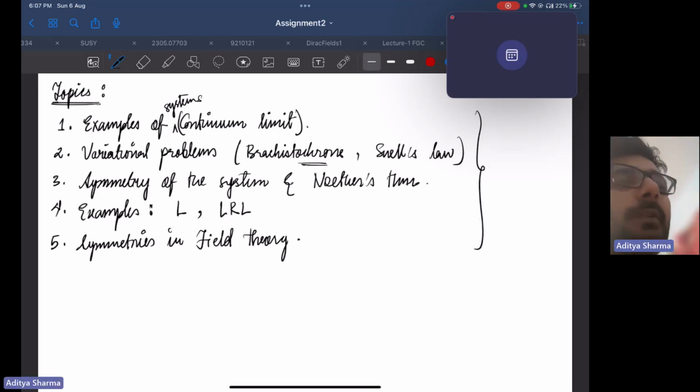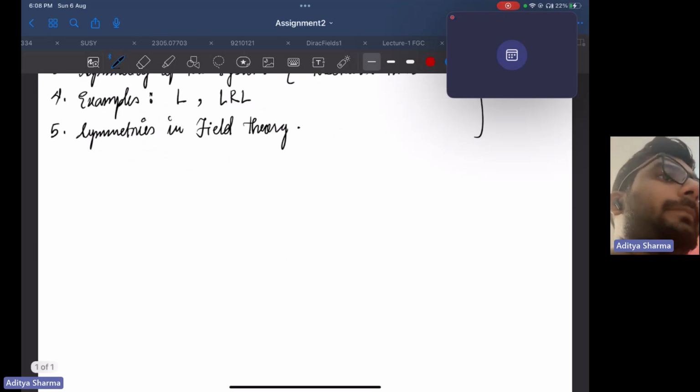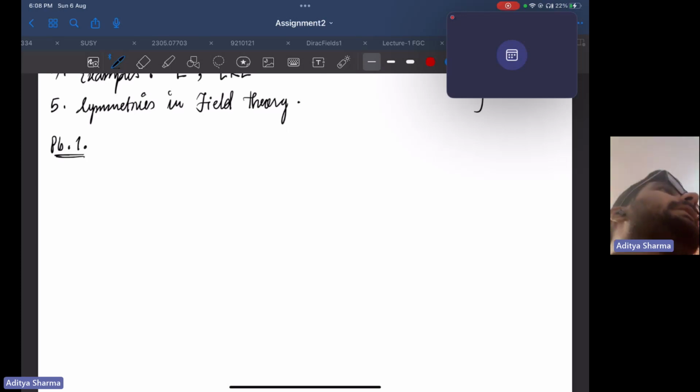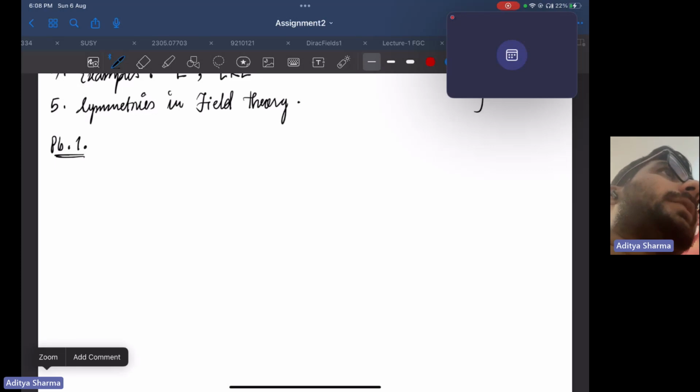These were the topics that were discussed, and I will start with a problem of the last class, which I actually forgot to mention to you guys: we use Lagrange multipliers to solve the constraint problem.